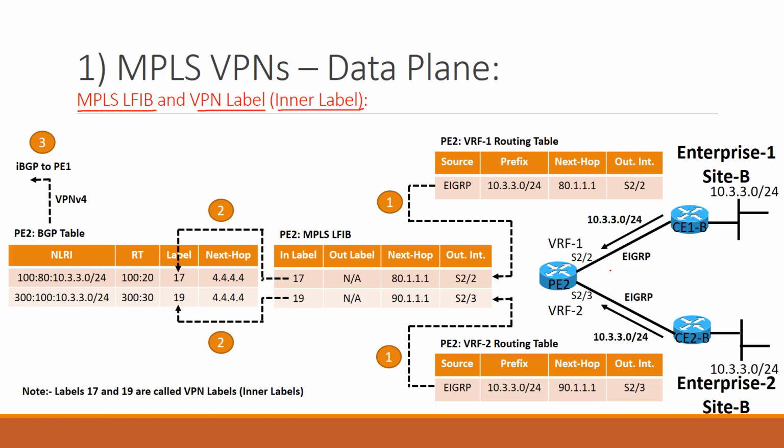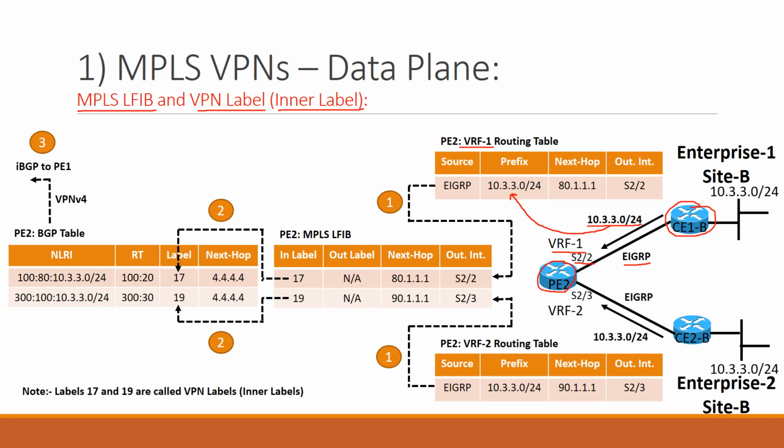Let's go back to our example where provider edge 2 is connected to enterprise 1 site B and enterprise 2 site B. Customer edge 1 of site B for enterprise 1 advertised this prefix via EIGRP, and PE2 stored this learned route inside VRF1 because this interface is associated with VRF1.